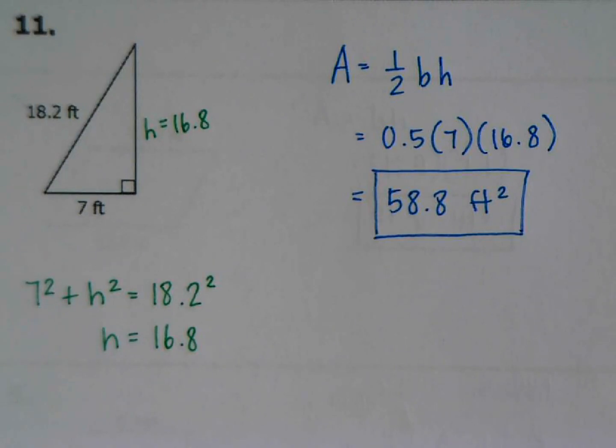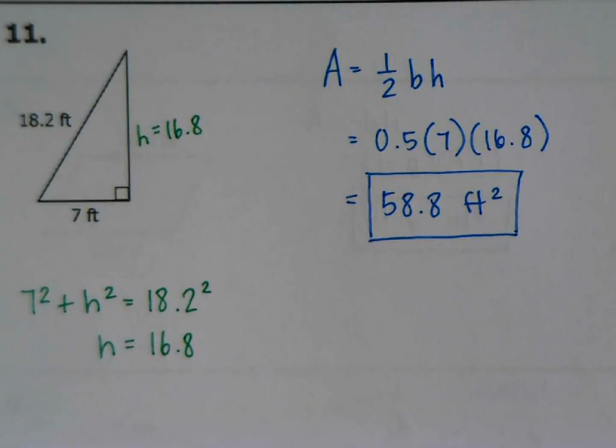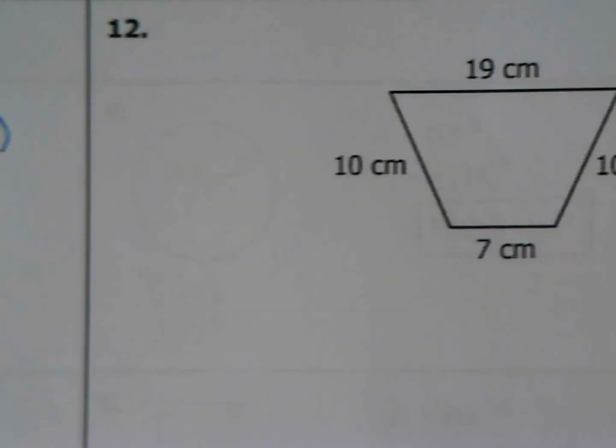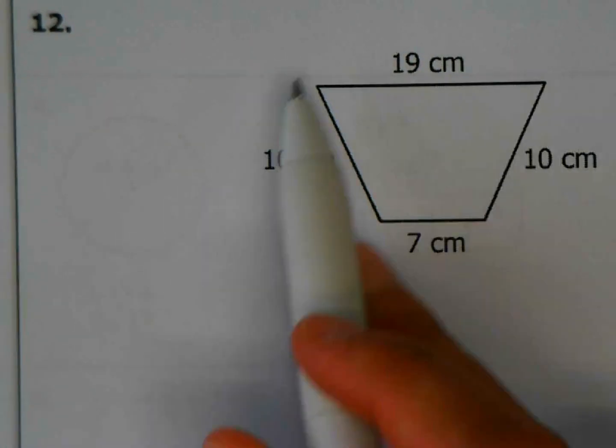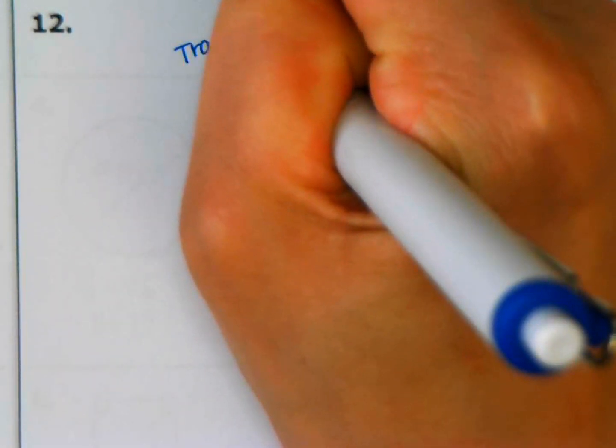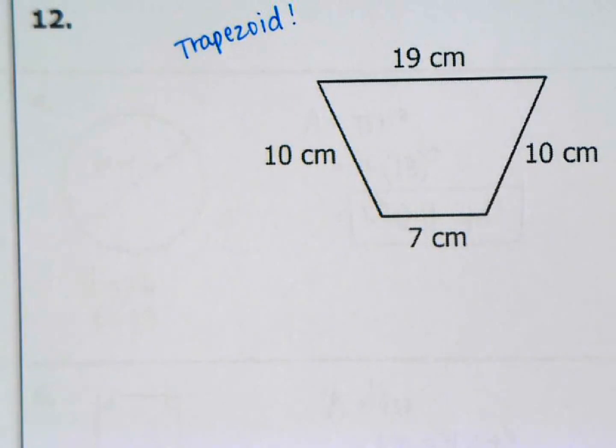Okay. Last one. Shape is a little bit bigger. All right, let's see here. This is a trapezoid, by the way. So we're going to use that formula 1/2 times height times base 1 plus base 2.